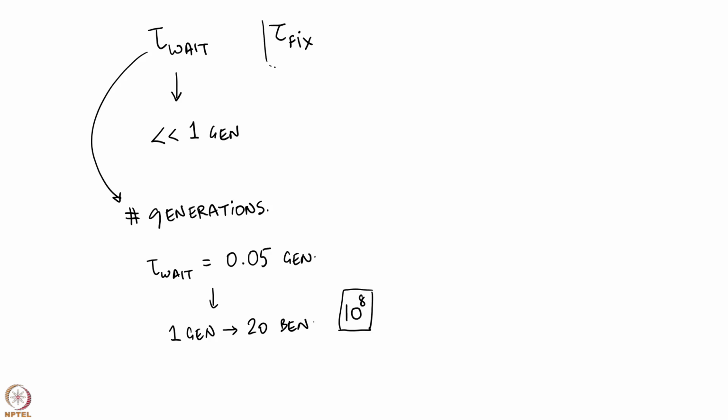The approach that we take to get a measure of tau fix will be slightly different. This is to estimate tau fix, and we do not want very exact measures, but we are interested in order of magnitude comparisons between tau fix and tau wait.